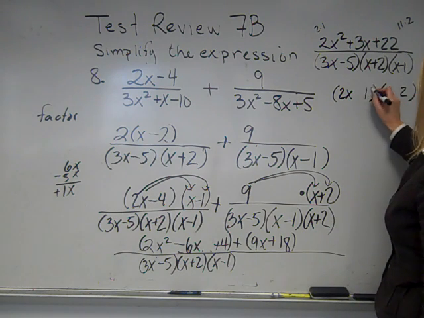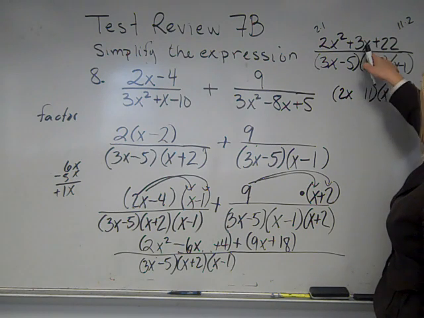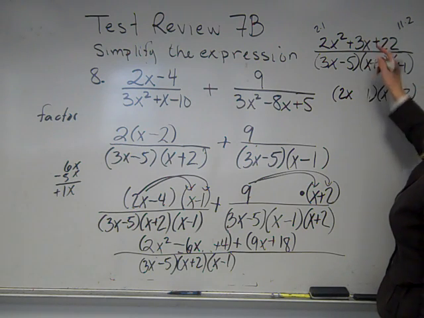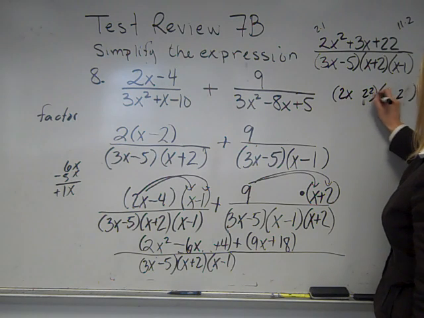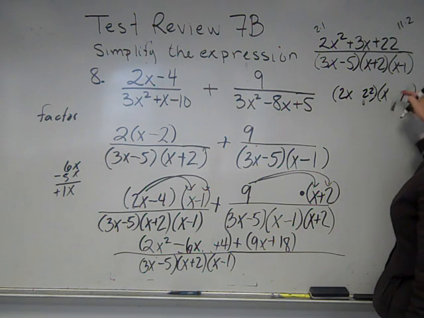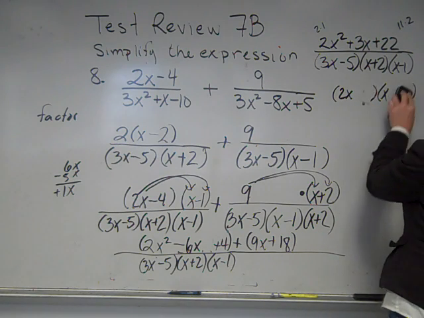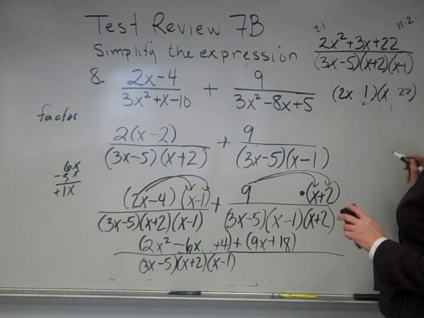With 2 and 11, 4x and 11x is 15x. Nope, doesn't work. Notice if we tried 22 and 1, we still wouldn't get 3x. Or if we tried 1 and 22, 22 and 1 gives you 24. 1 and 22 would give you 45.